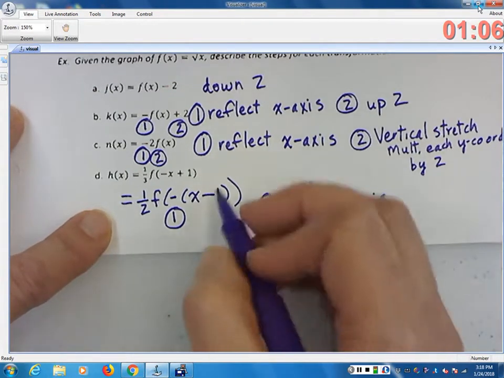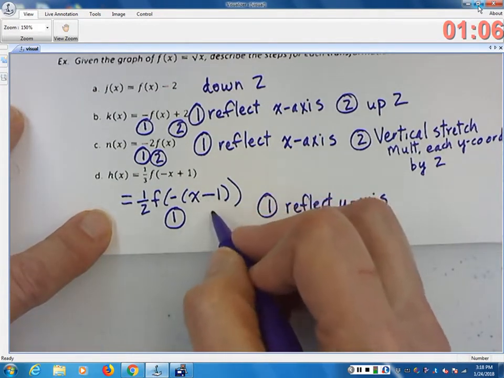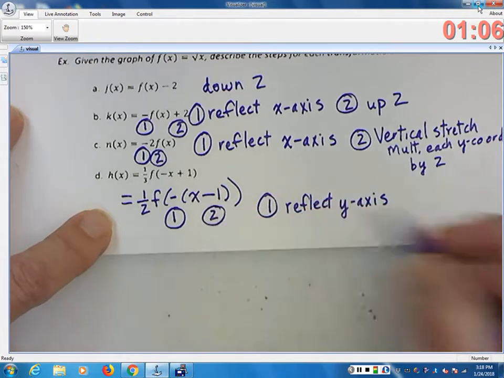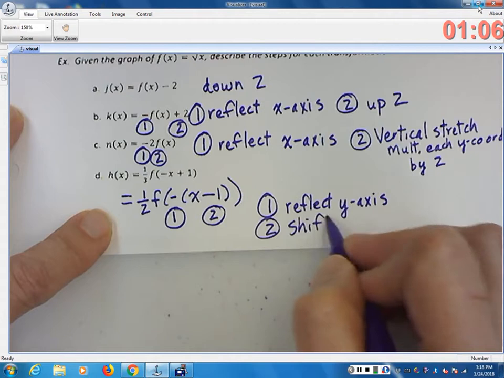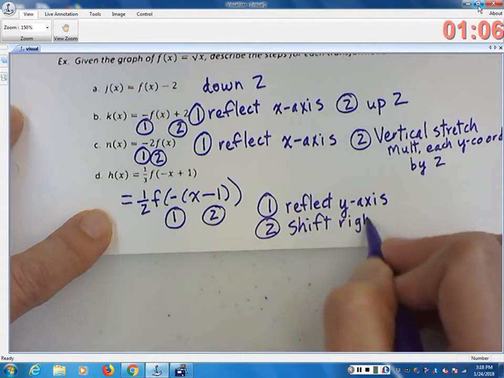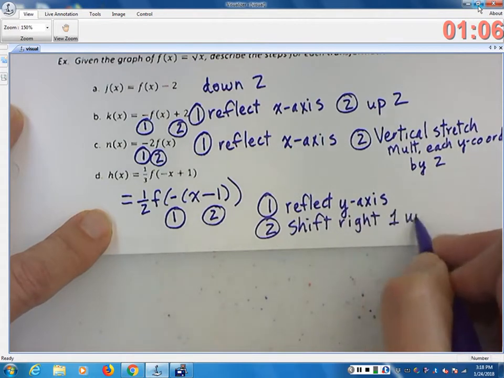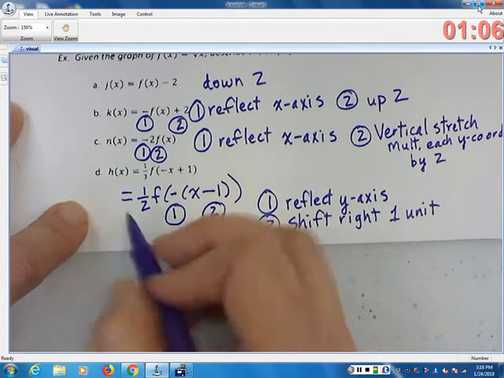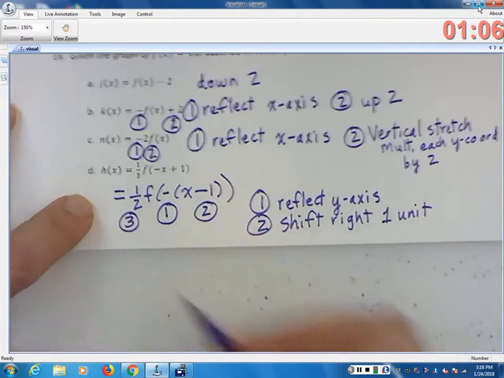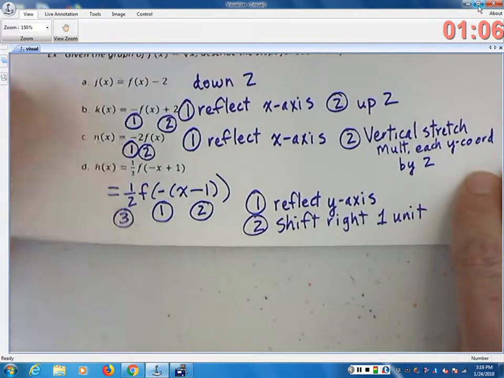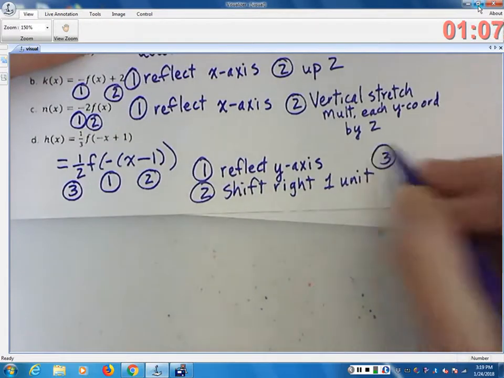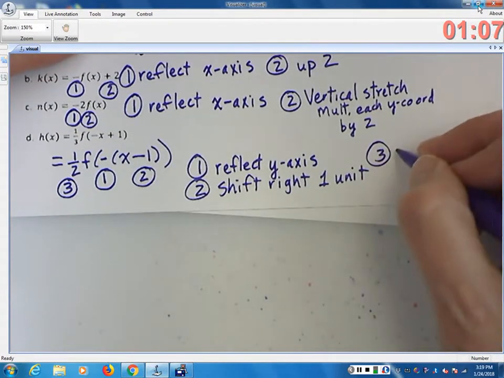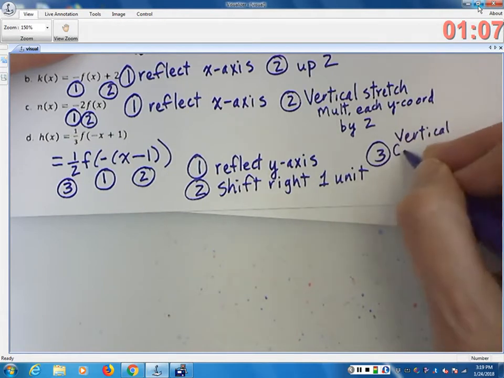And then we can do the horizontal, subtracting 1 is shift right 1. And the last one is a vertical shrink. We're multiplying each y coordinate by a half, or compressing, vertical compression.